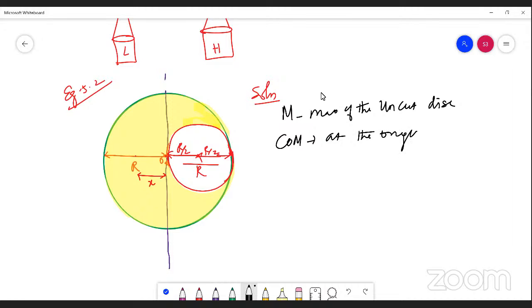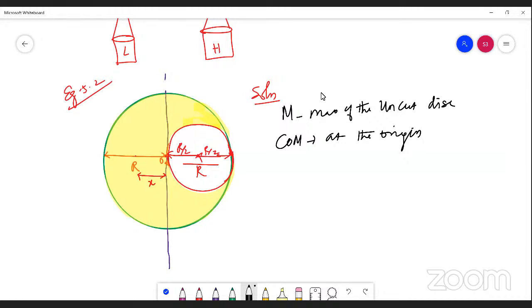Its center of mass would be at the geometric center of the disk, on which the origin coincides.